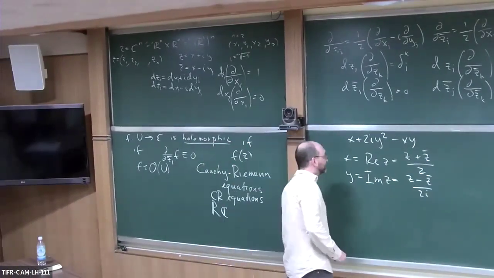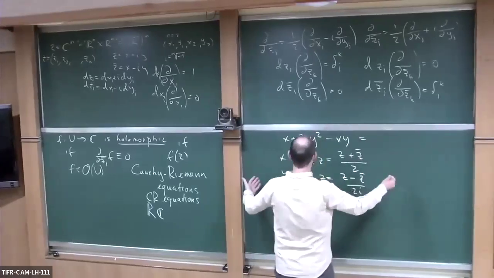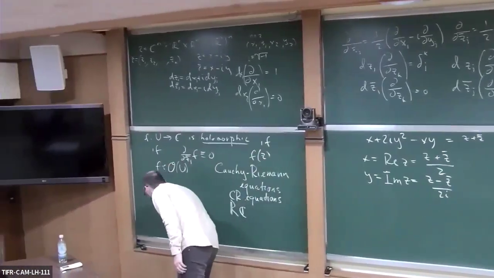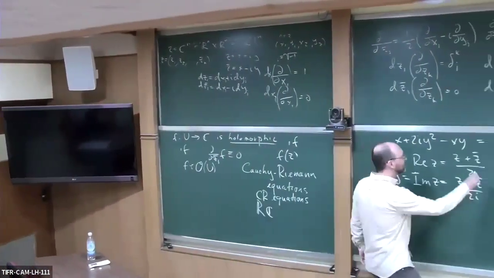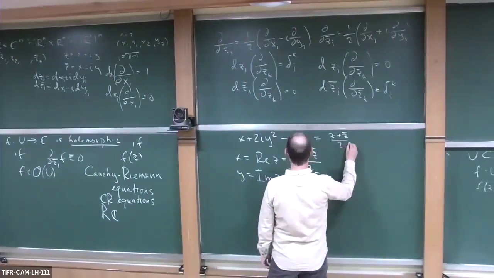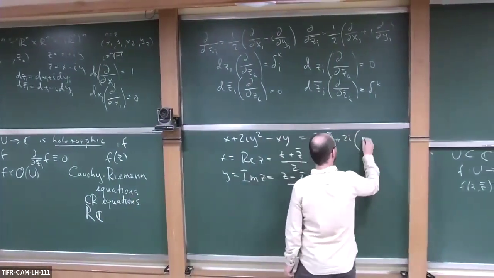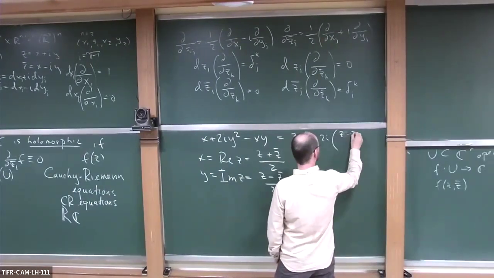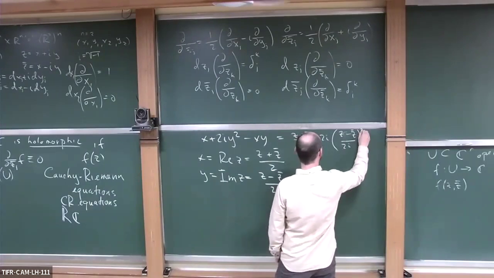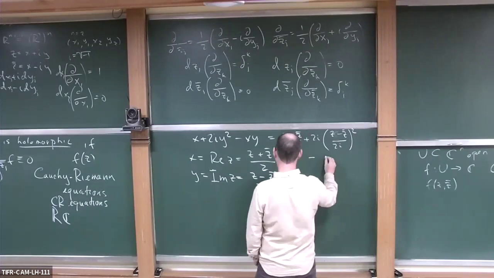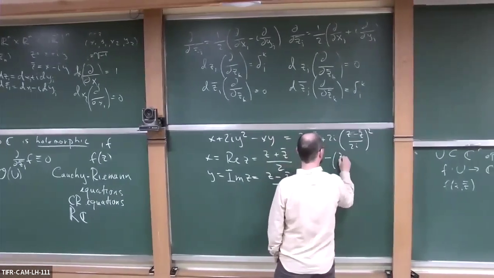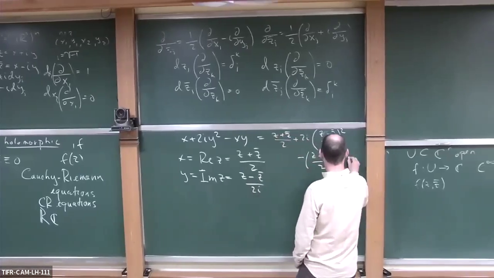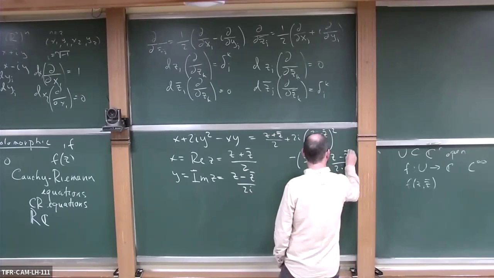So to have this as a function of z and z bar, we have (z plus z bar over 2 plus 2i) times, that's going to be squared, so (b minus b bar over 2i) squared minus xy, so (z plus z bar over 2) and (z minus z bar over 2i), right?